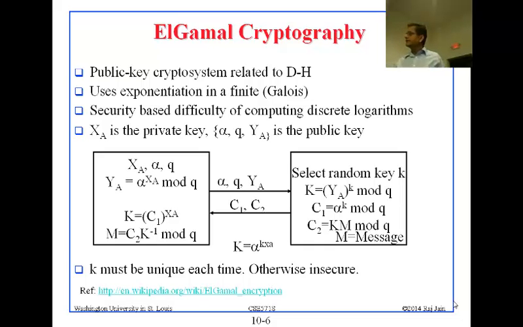As shown here, K must be unique each time, so you would change K for each message. This guy will select a new key every time, and this guy doesn't have to worry about it. Actually, to be fair, the key is not really changed fully, because this part of the key remains the same. So this K is being changed. To be correct, every time you want to send a message, you will start from the beginning and change all of these plus K.